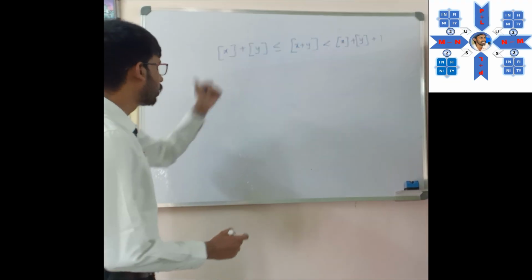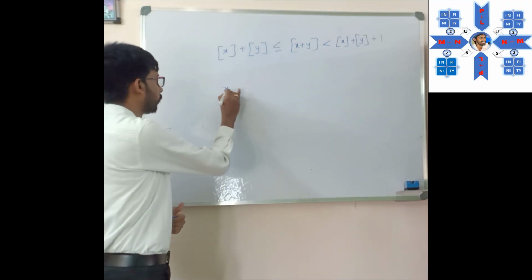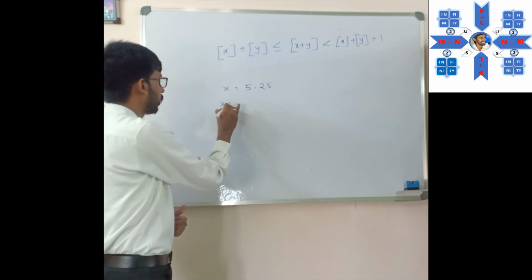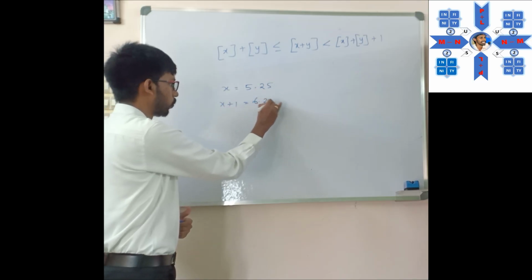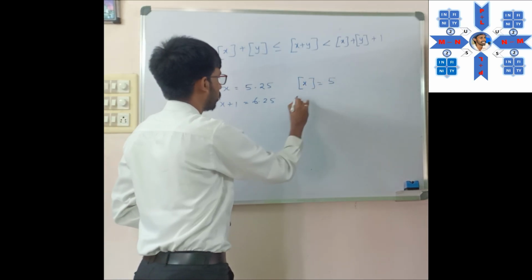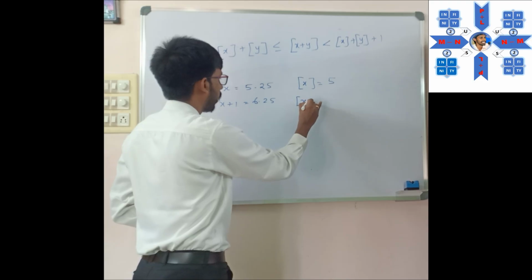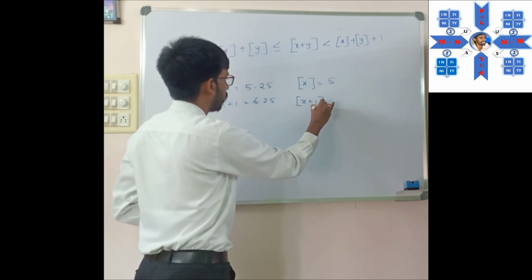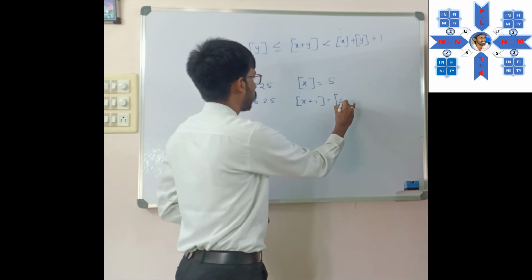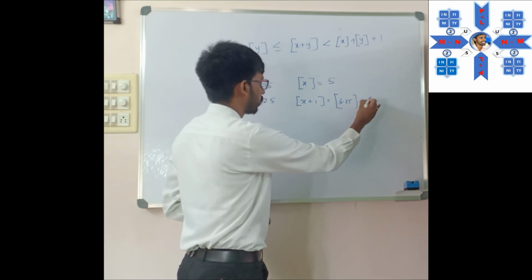So before going to this example, let me get back again. If x equals 5.25, x plus 1 equals 6.25. Greatest integer function of x equals 5, greatest integer function of x plus 1, that is 6.25, equals 6.